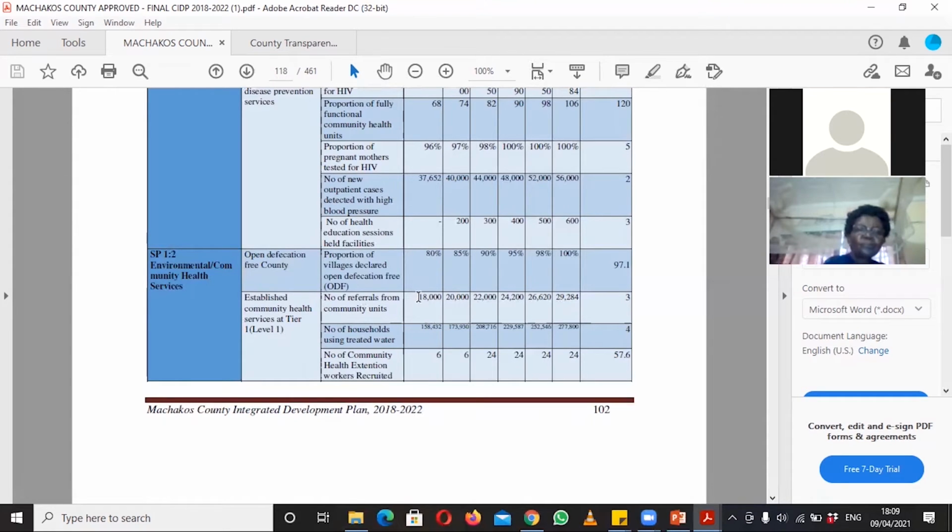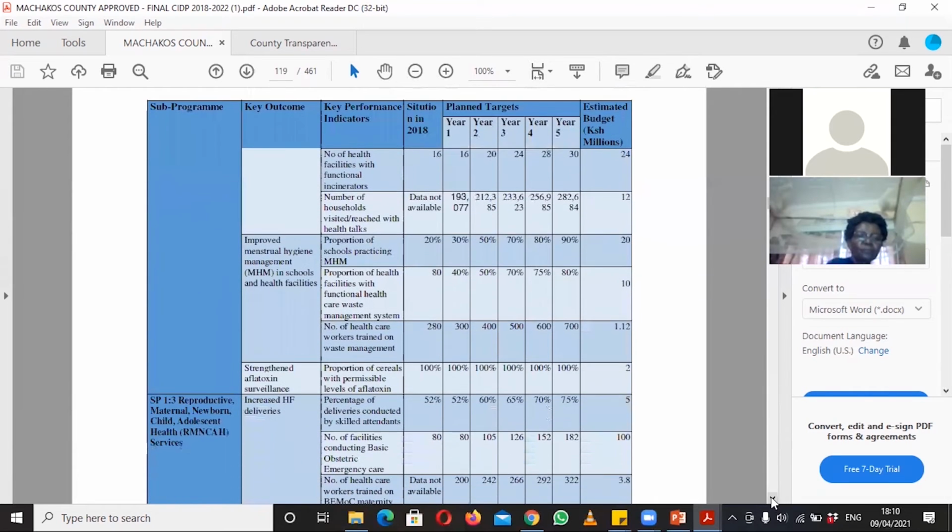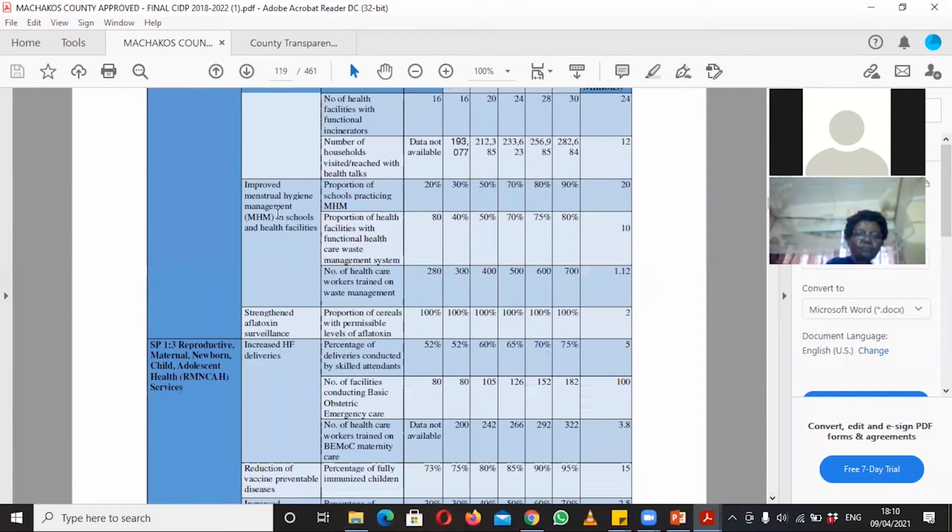So you can see at level 1 they are giving us targets, what target they expect to meet, and the amount of money they are going to use to ensure that they meet that. There is also improved menstrual hygiene management in schools, and they stated that they are going to offer counseling there.